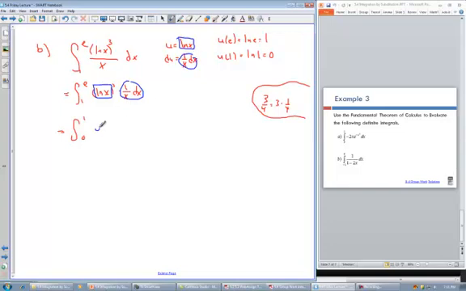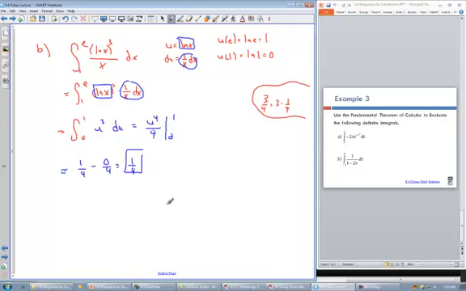So I have the integral of u cubed du, which equals u to the 4th divided by 4, from 0 to 1. I plug in my limits of integration. When I plug in 1, I get 1/4, minus, when I plug in 0, 0 over 4. So that's just equal to 1/4. And so 1 over 4 is my answer for part B.